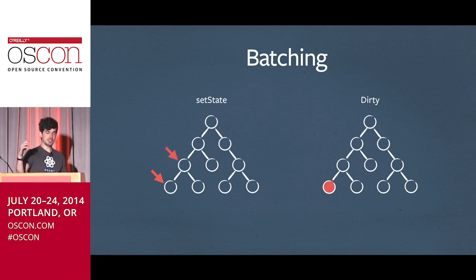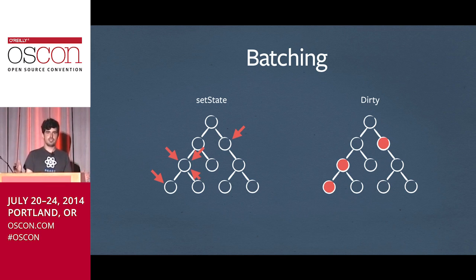And maybe this is also going to update its parent. And maybe, because you're doing sloppy JavaScript, you're going to call setState multiple times on the same element. But all of those calls after the first one don't do anything. It just waits. This is already dirty. I'm not going to do anything.